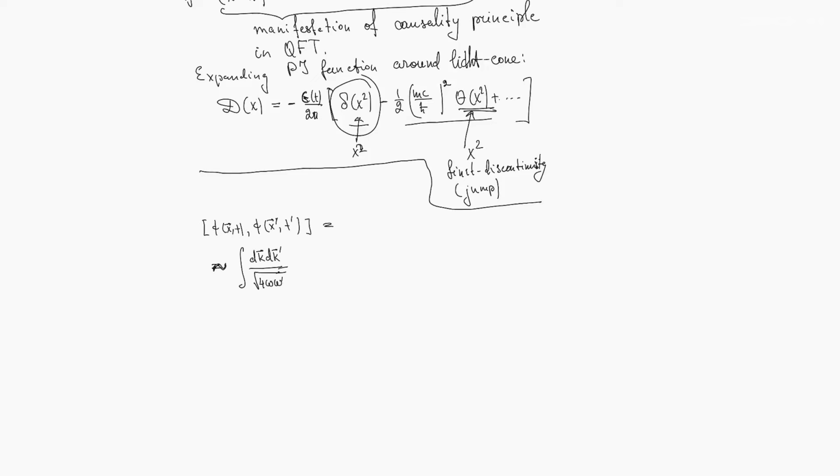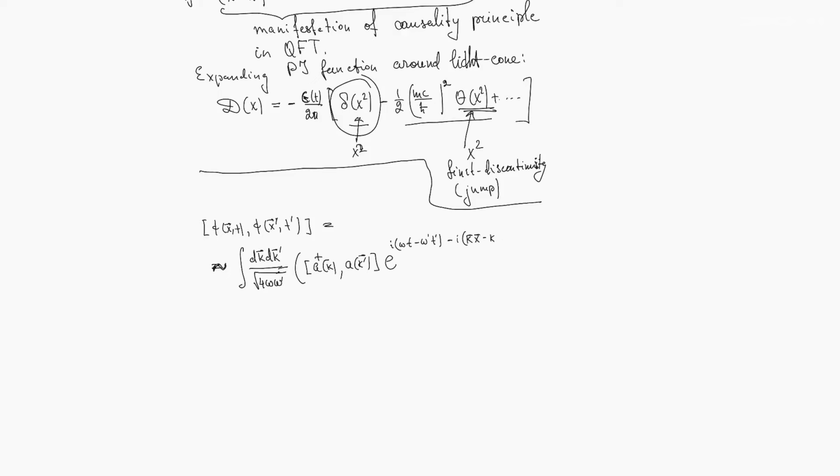And then there will be commutators of a of k and a dagger of k prime, with exponential i omega t minus omega prime t prime minus i k x minus k prime x prime.